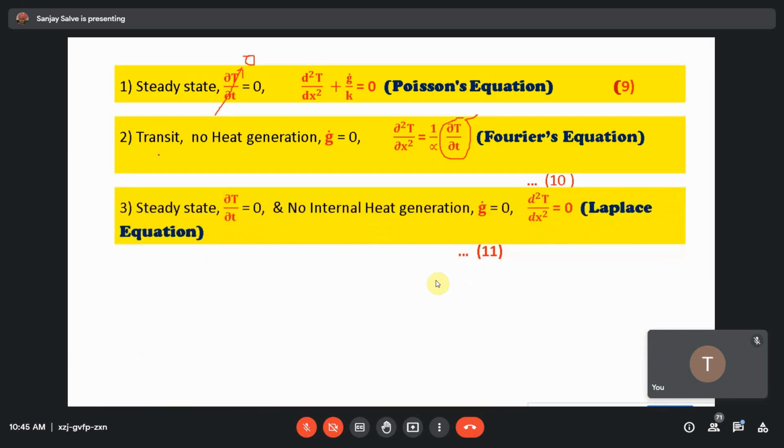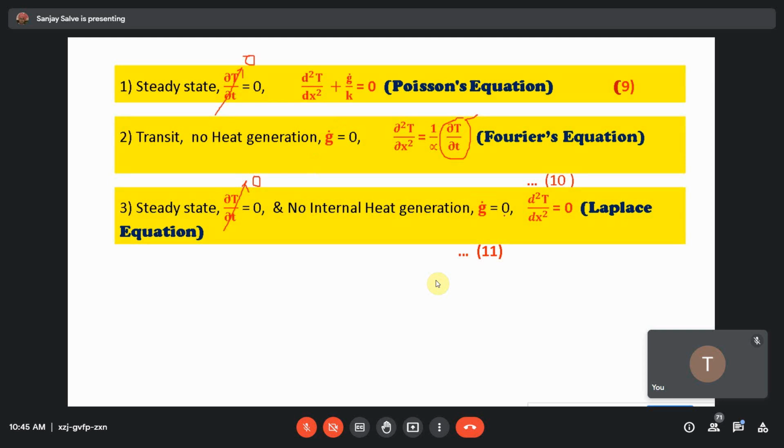After that, they said steady state is there. That means steady state with no internal heat generation. So steady state as well as no internal heat generation. So this one is 0, along with that G dot is also 0, right?